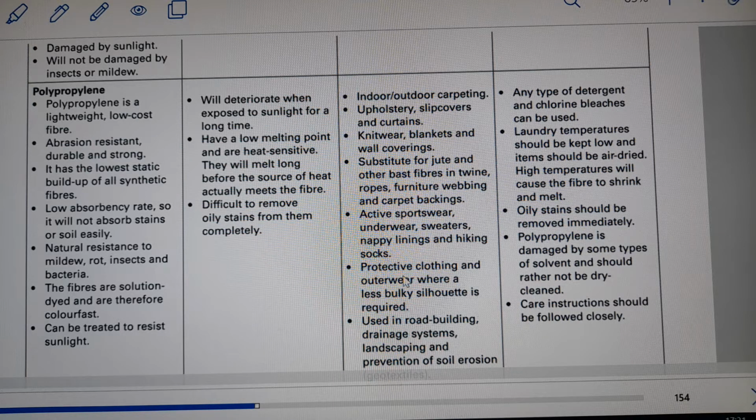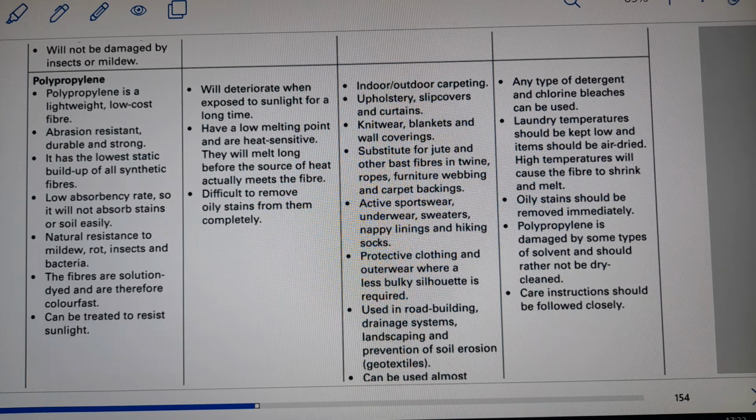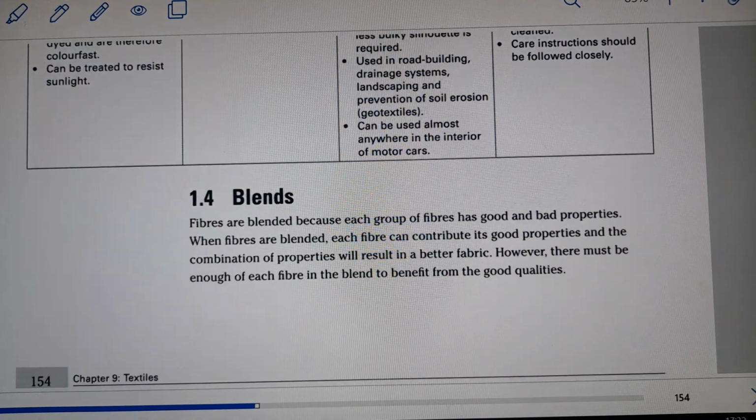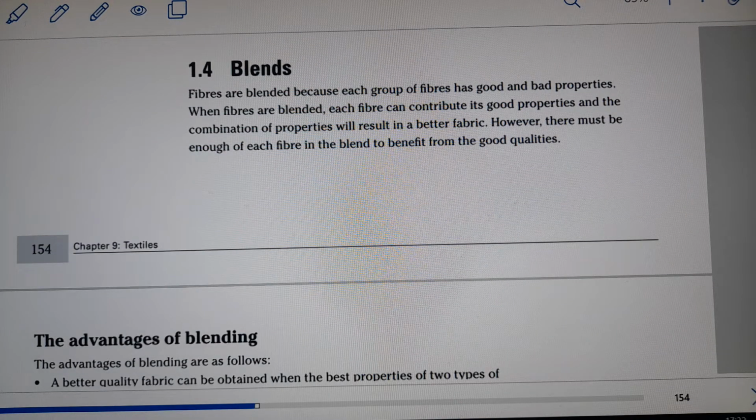Where do you use polypropylene and how do you care for it? And that covers all the 4 types of synthetic polymer fibers. So you need to know them, as with the tables that we learned with the first one, the plant-based fibers, cellulosic fibers. They had a table there: description, uses, advantages, and how we care for it.